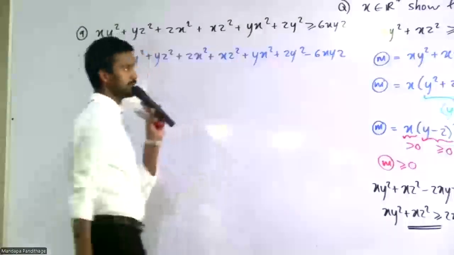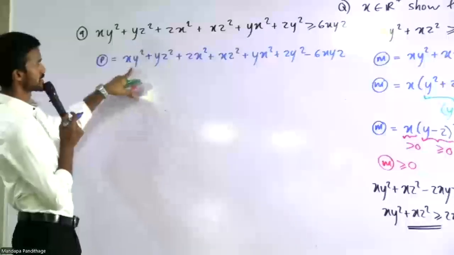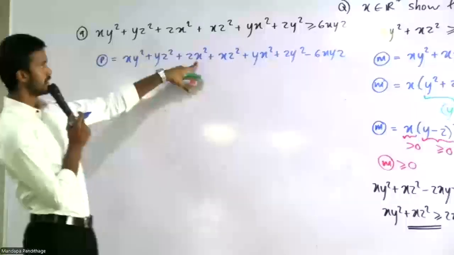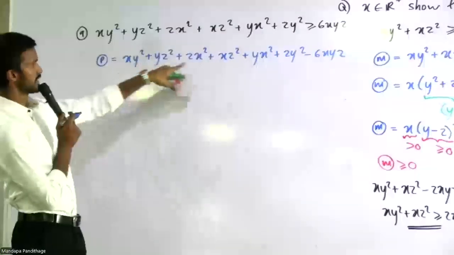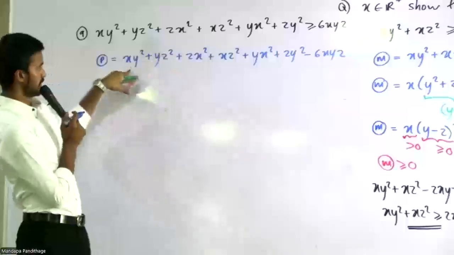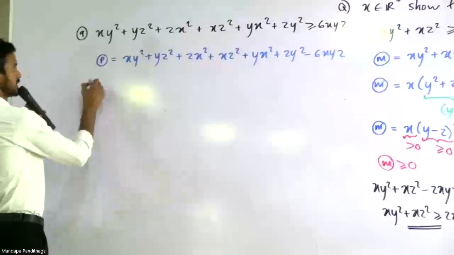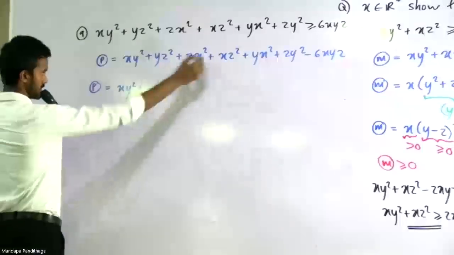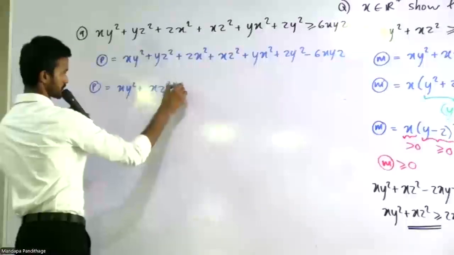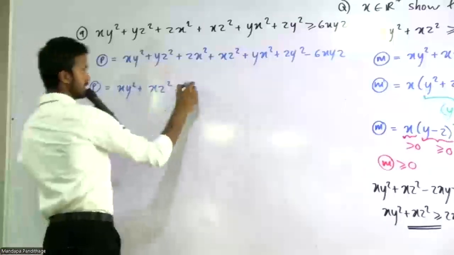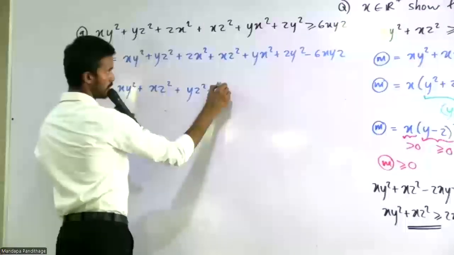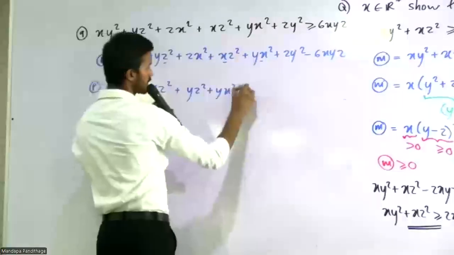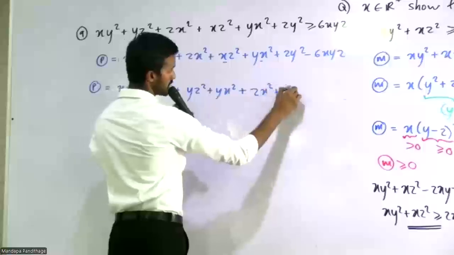Here you can see, you can find x in two ways. In one place it says x squared, but there are some places where x is just x. So what I do here is take xy squared and xz squared together, and then take yz squared and yx squared together, and then take zx squared plus zy squared together.